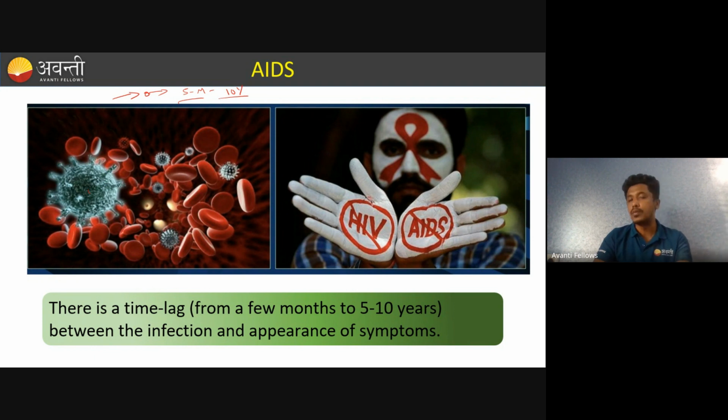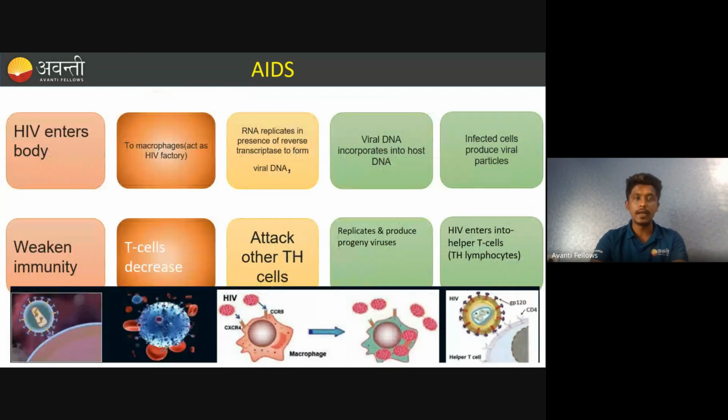That's why you have to frequently go and get checked once you reach adulthood. When you reach 24 or so, every 6 months or once a year, you have to get checked for AIDS. After the incubation period, the infectious cycle starts and the symptoms start appearing. That's why AIDS is so deadly.